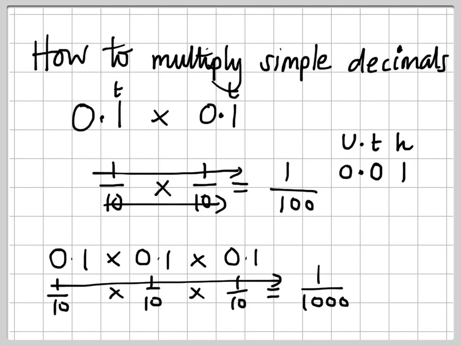Converting that to a decimal, let's go for our columns again. I'm going to add in a 1,000th column, so our number would be 1 in the thousandths. Then we'd need our placeholders to fill in the other columns. So 1,000th is 0.001, 100th is 0.01.